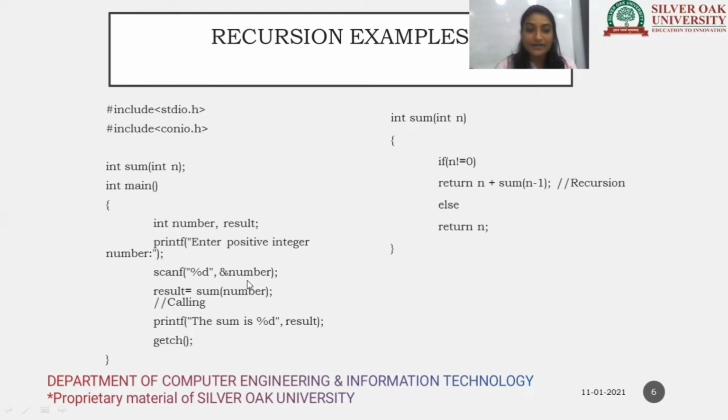Whenever we scan this number, after that we call the function sum and assign it to the result, and when we print the result, it will give the sum. And this is the function definition part. In this, first we check whether the number the user has entered is null or not. If it is not null, it will return with the recursive function. Otherwise, if the condition is false, it will return n.